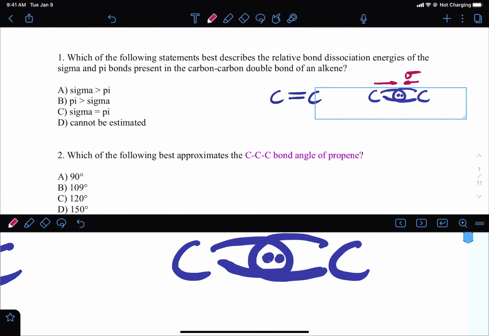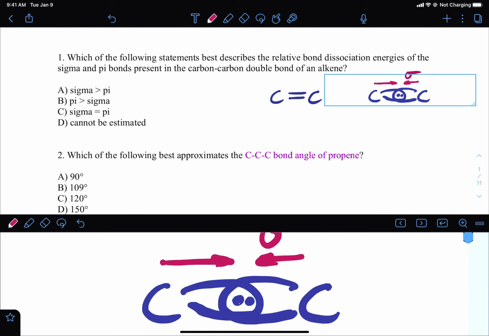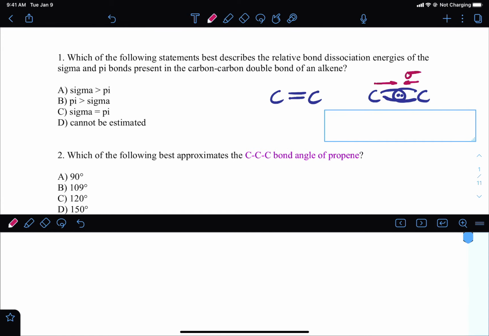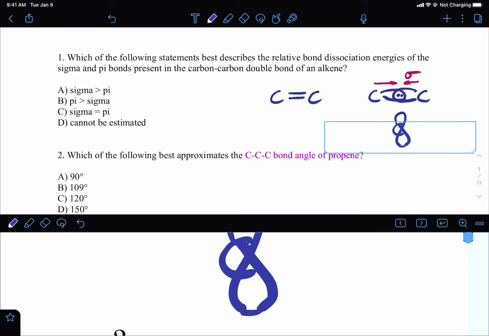Also, in certain conditions, the carbons have orbitals that lie parallel to each other. Here's one carbon, it has an orbital that looks like a figure eight. Sometimes you call it a barbell.